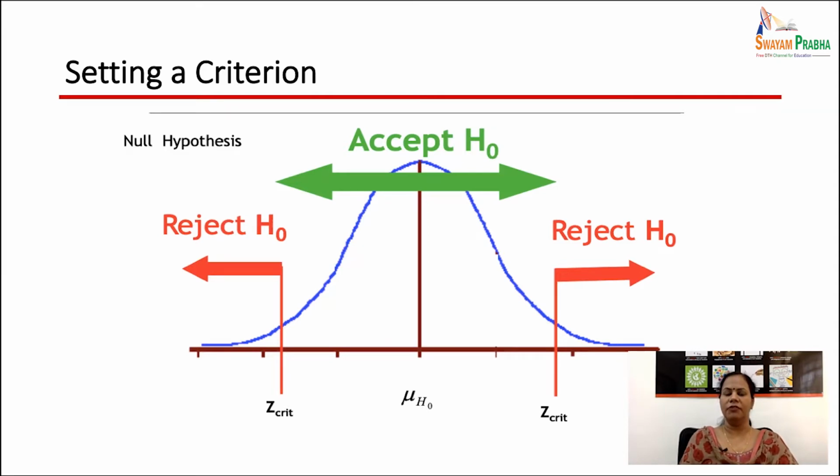If we are saying level of significance at 0.05, it means we are setting our level of significance at 5% and our confidence level is 95%. So out of 100, 95% is the confidence level which falls in the zone of acceptance, and 5% is the level of significance. And mostly we keep it as 5%.